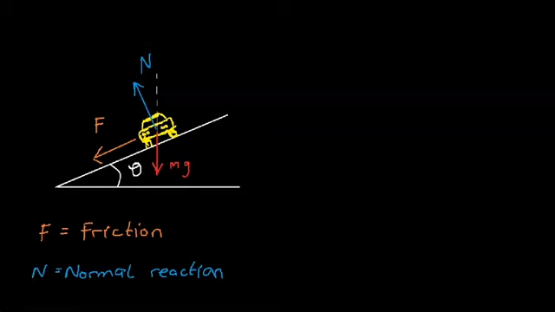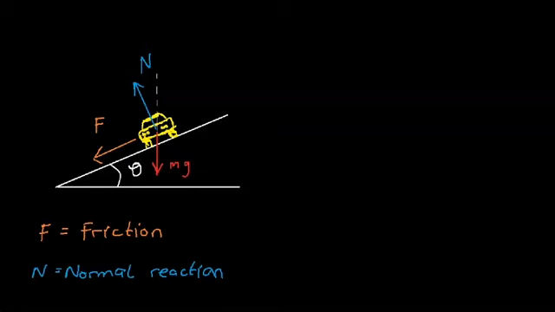Now let's analyze this effect of banking and see exactly how it works. As you can see, I've illustrated the forces acting on the vehicle moving along a banked road in a circular path. We have the normal reaction exerted by the road on the car, the force due to friction pointing in a direction parallel to the surface of the road, and the weight of the vehicle.